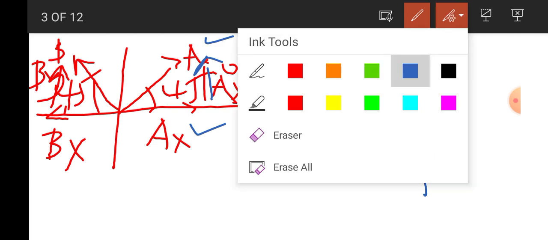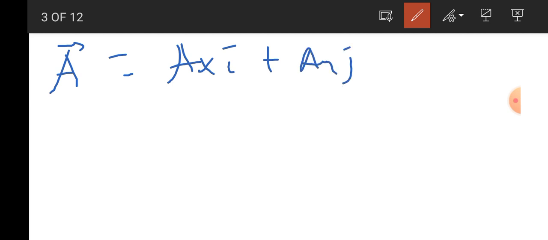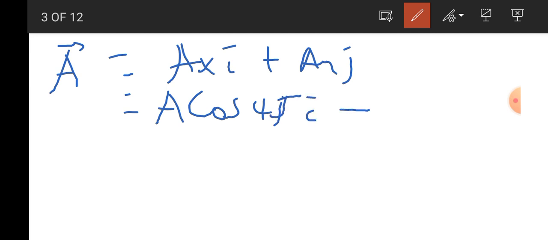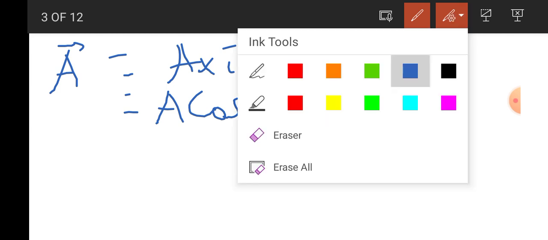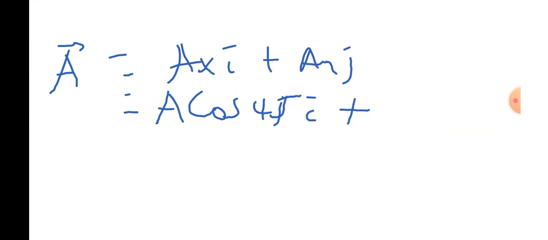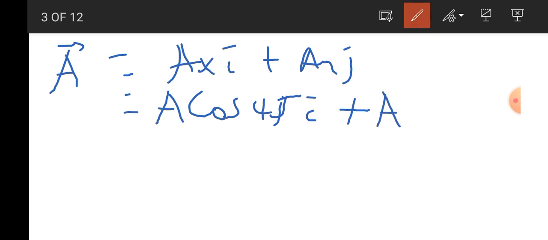There is no AZ, it does not have 3 components, it is in the xy plane. So what is AX? A times cosine of 45 degrees in the I direction, plus AY, which means A times sine of 45 degrees in the J direction.